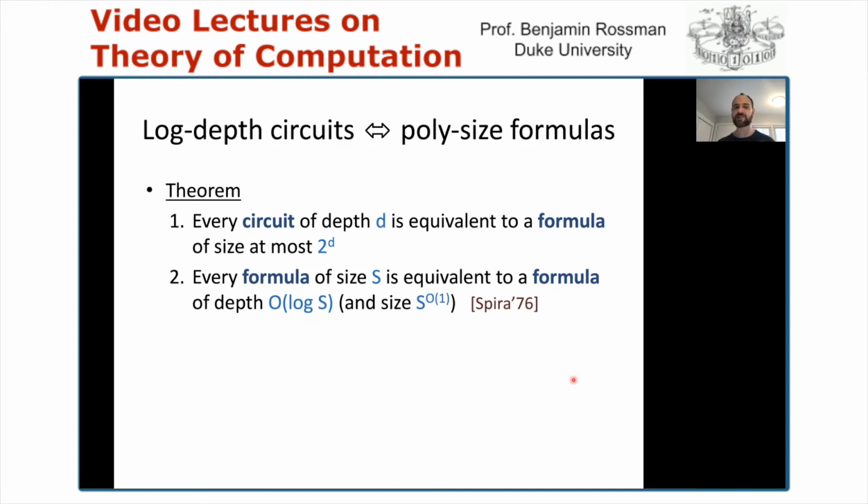Okay, and therefore, by part 1, the size will be s times 2 to the order log s, so s to some constant. So in other words, this is saying that with a polynomial blow up in size, we can balance a formula so that it has depth which is just logarithmic. And I'm going to give a proof by picture of both parts of this theorem.